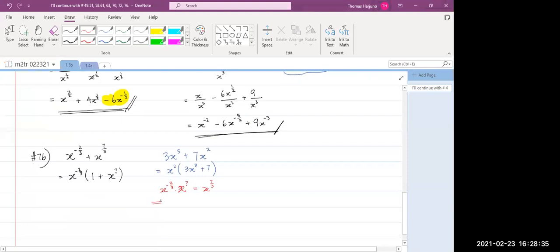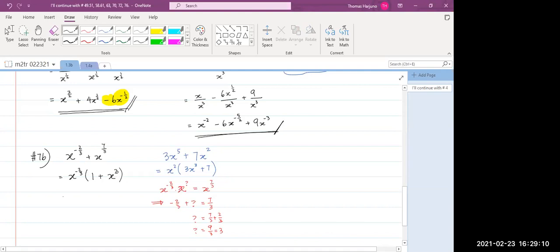To answer that, we need to know negative 2/3 plus what equals 7/3. Because in the product of the same base, we add the exponents. So that question mark will be 7/3 plus 2/3, which is 9/3 or simply 3. So this will be x to the third.